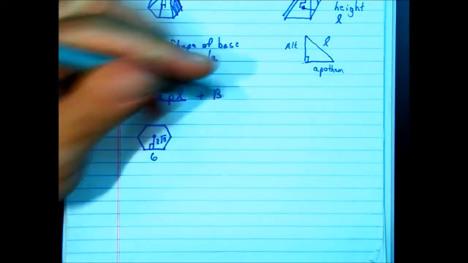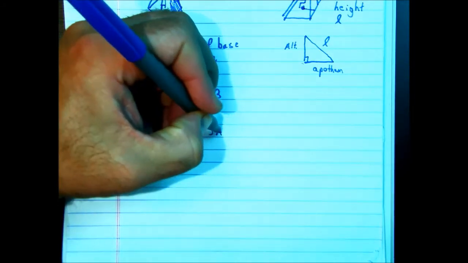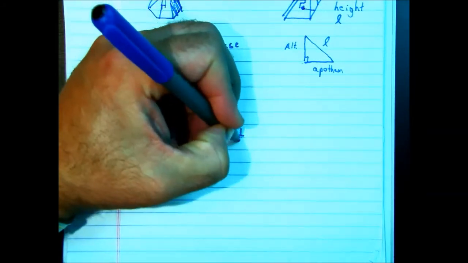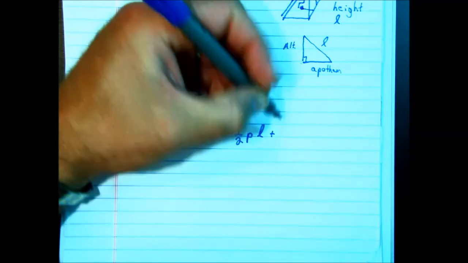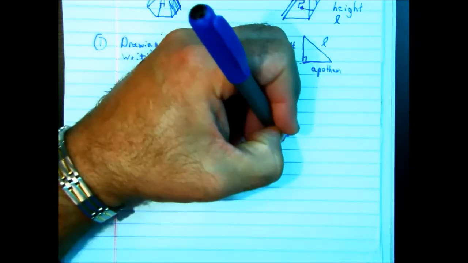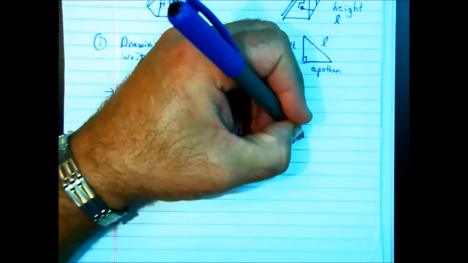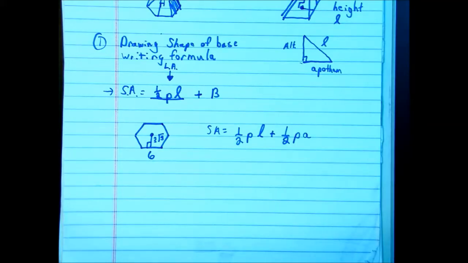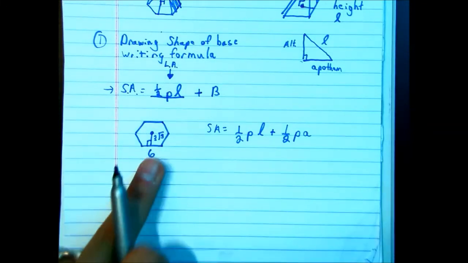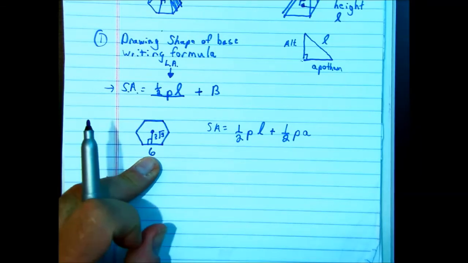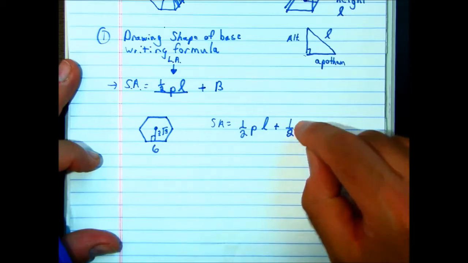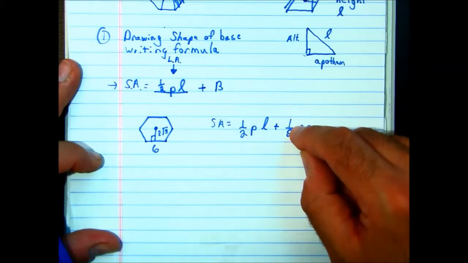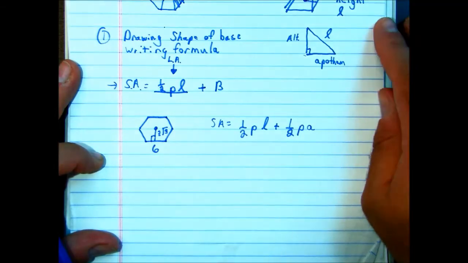So when I write out my surface area formula, it's 1/2 perimeter times slant height plus 1/2 perimeter times apothem. Because that's the formula for this base. Notice, just like I did in the other work, except in the other work, I had to multiply this by 2 because a prism has 2 bases, whereas a pyramid only has 1.